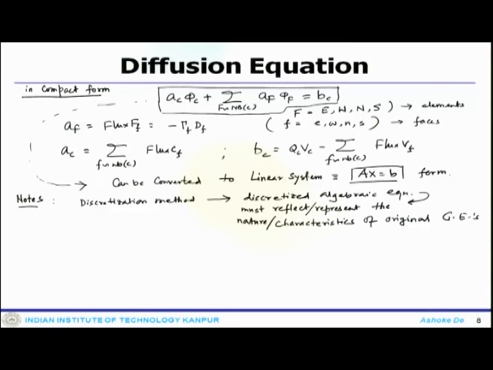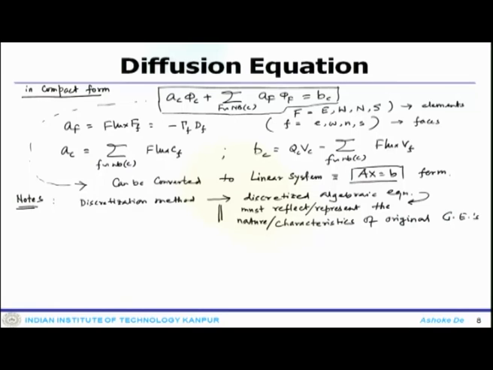So, how would one satisfy that? This could be satisfied with the properties that we have already discussed a couple of lectures back, that the discretized system must possess certain properties. Through those properties only these important things are retained.